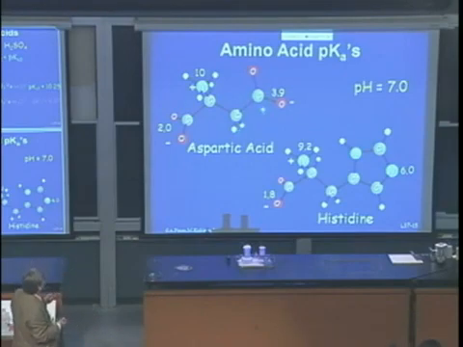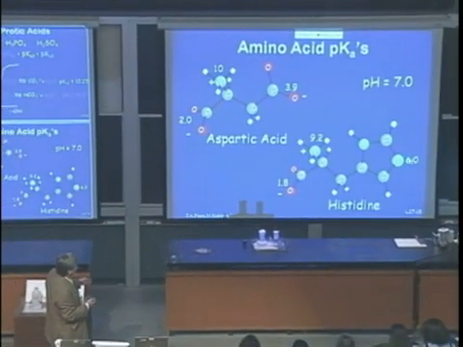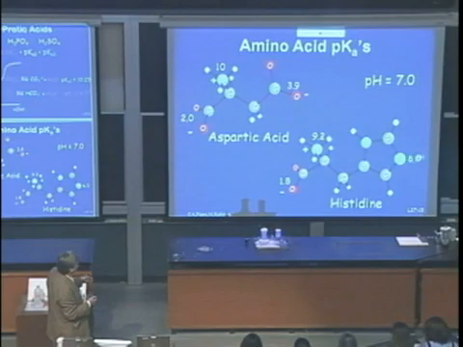So this one here is 3.9, the pKa, and this is 2. So this is off at pH 7. This is off minus, this is off minus, and this is plus because nothing happened here. And histidine, that is 1.8, the pKa here. The pKa is 6 here. So obviously it's gone here, all right? And this here is NH3 plus, nothing happens here.